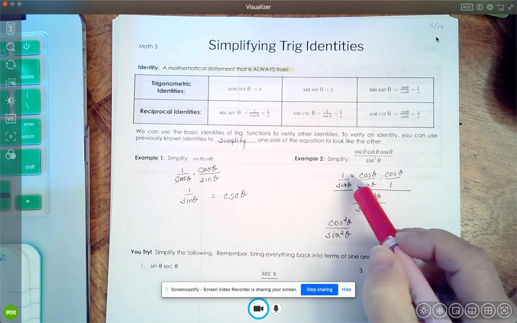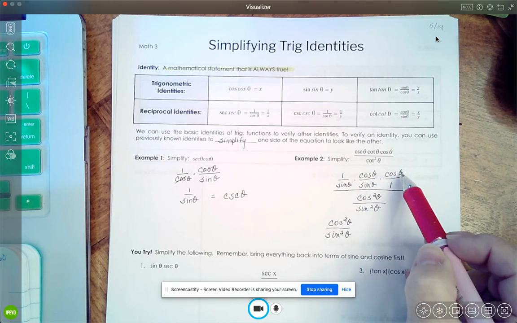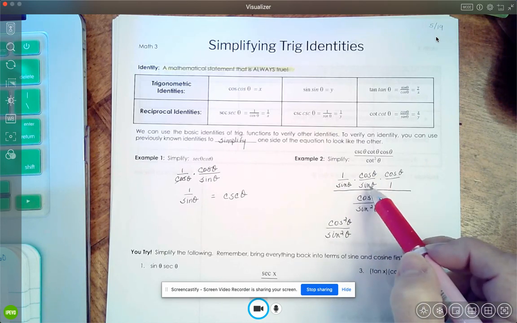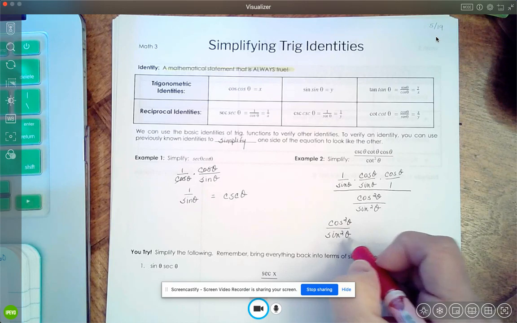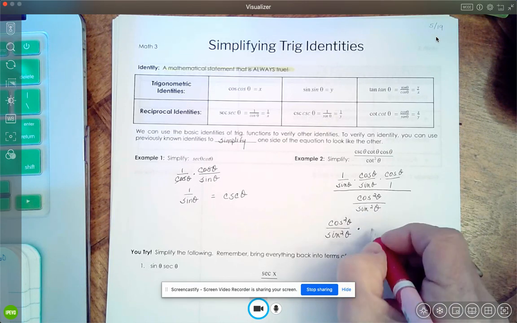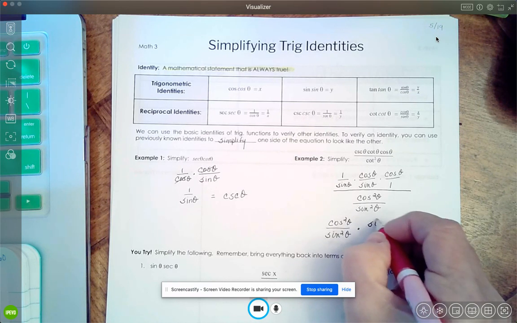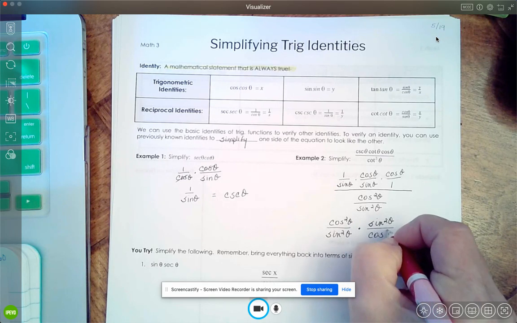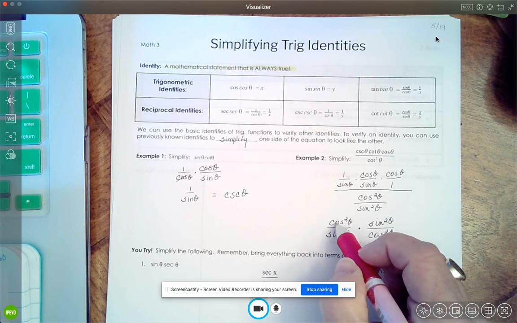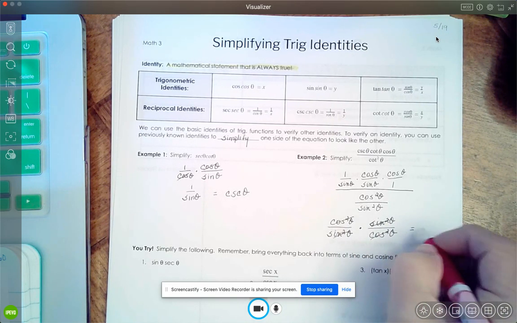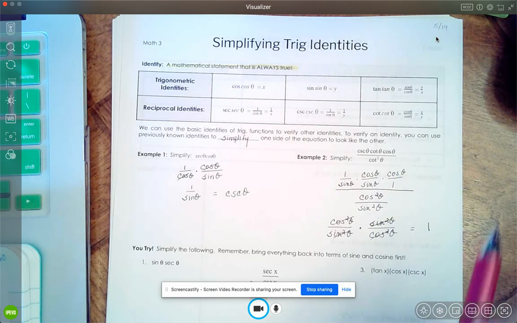I do that because I have 1 times cosine, cosine squared, and that's all divided by sine times 1, sine squared. Now, when I multiply this by the reciprocal, I have sine squared theta over cosine squared theta. And if you look, everything cancels. I simplified this to 1. Ooh, I love that stuff.